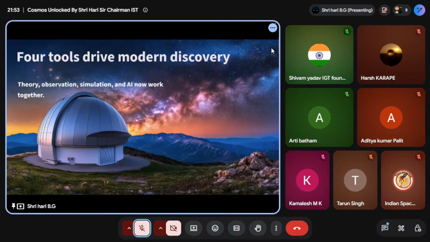And artificial intelligence is the fourth. Artificial intelligence is growing rapidly right now. Everybody is using AI. Some people know how to use AI in a perfect manner, and some people don't. And AI is not just text, images or videos.